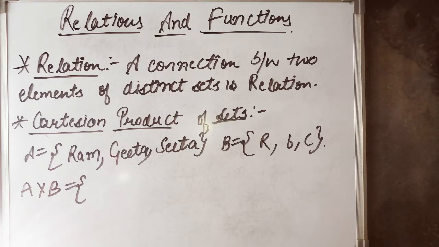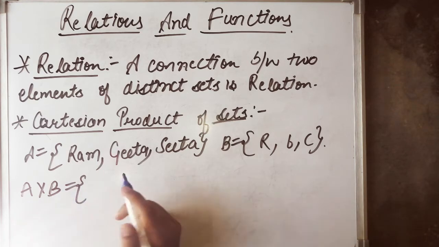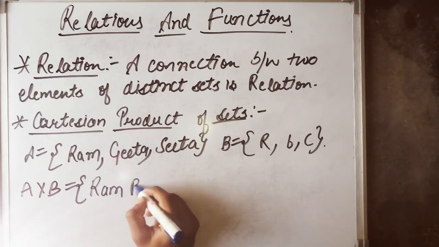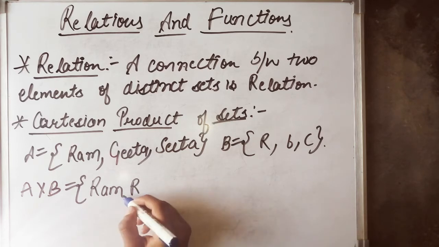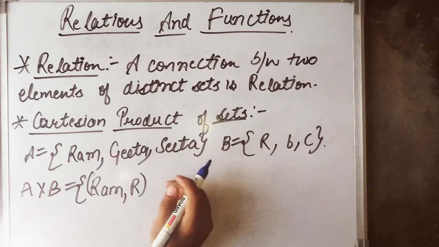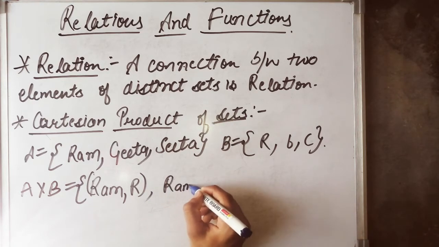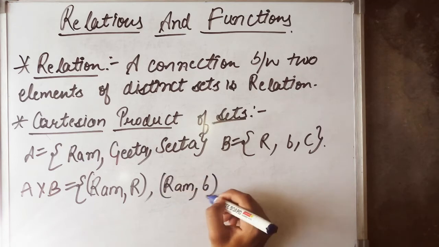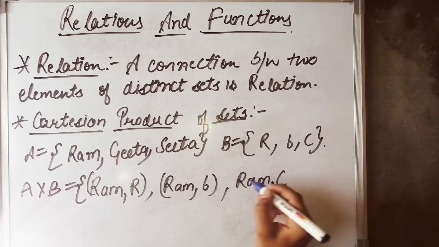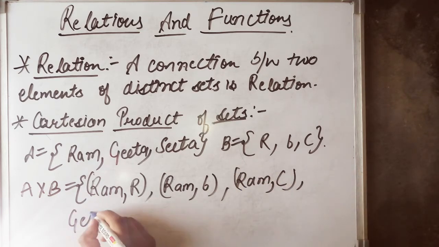The Cartesian product is written as Ram R, Ram B, Ram C, and Geeta.